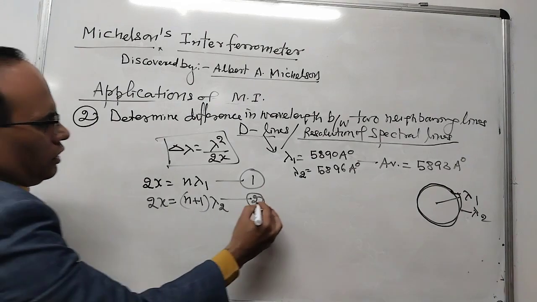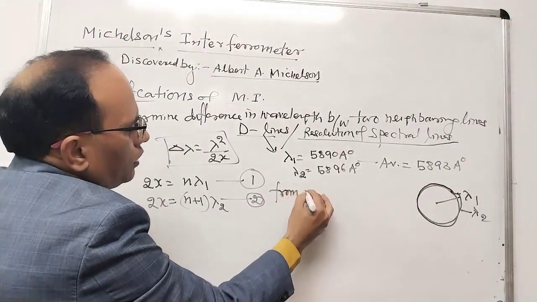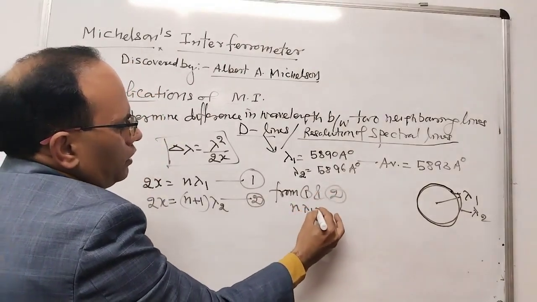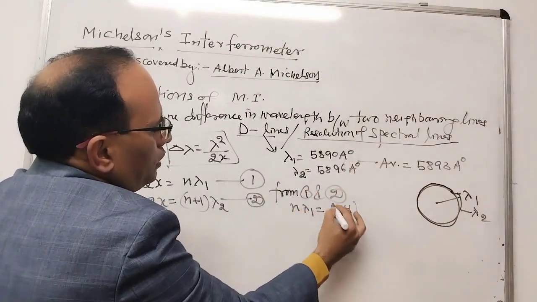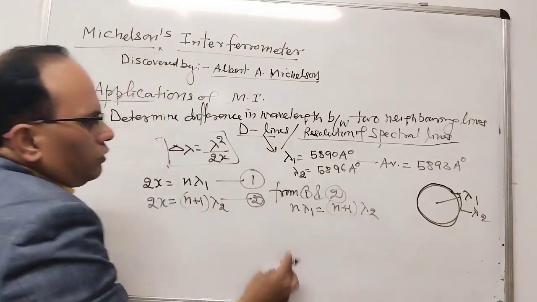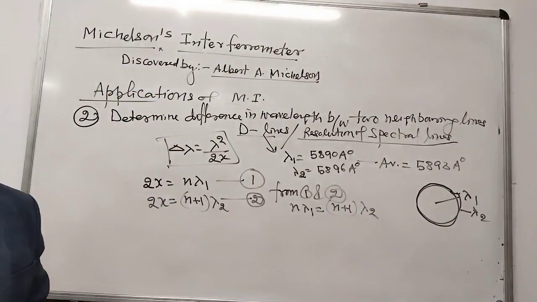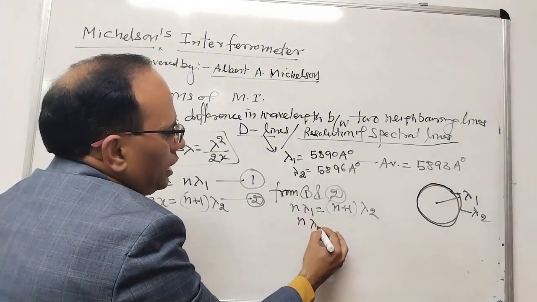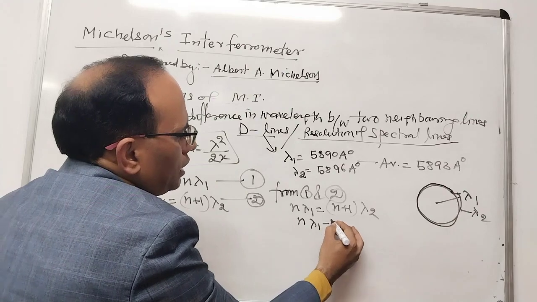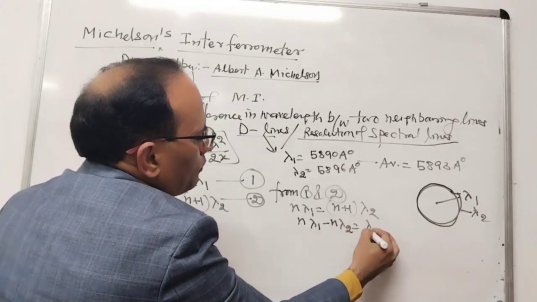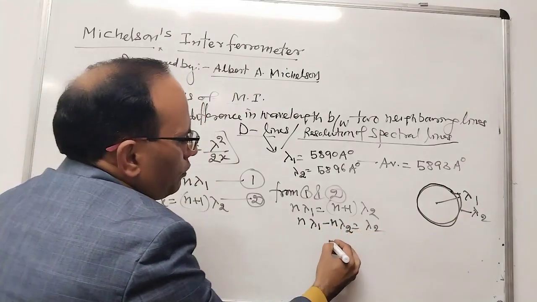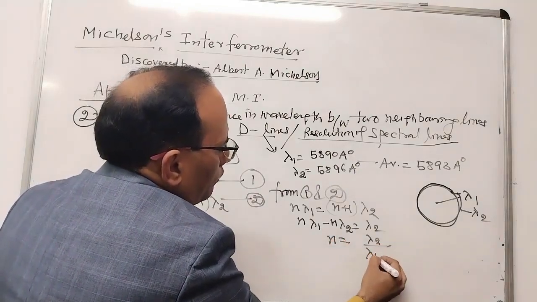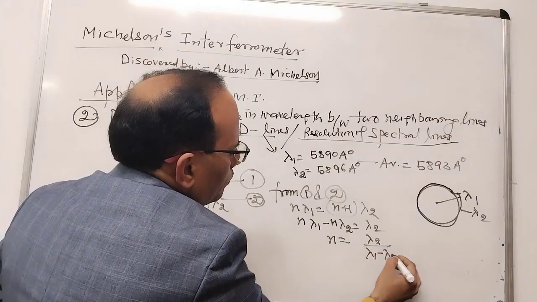So from 1 and 2, nλ1 = (n+1)λ2. We can solve here for the value of n. Taking n common, nλ1 − nλ2 = λ2. So n will be λ2 upon (λ1 − λ2).